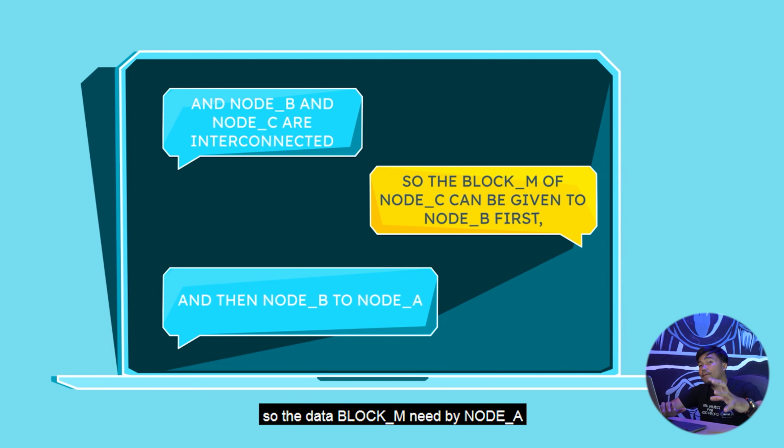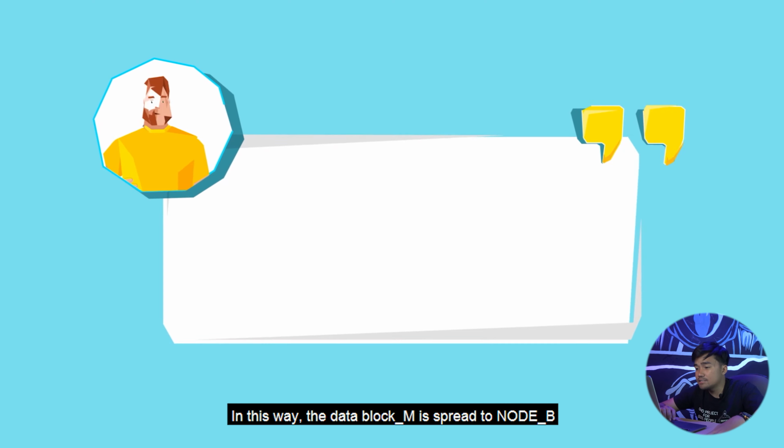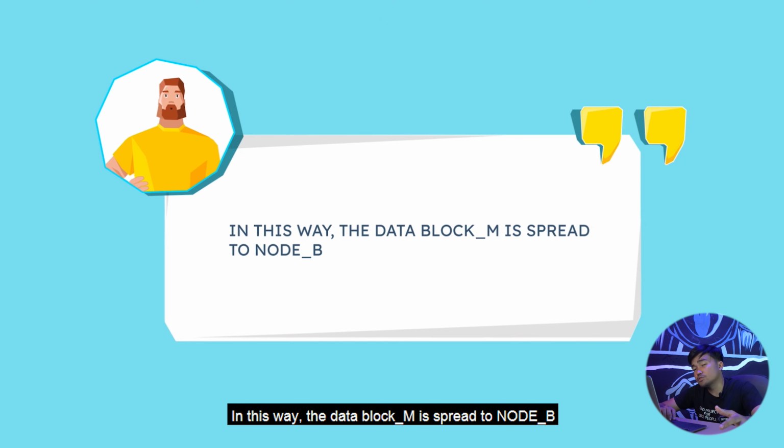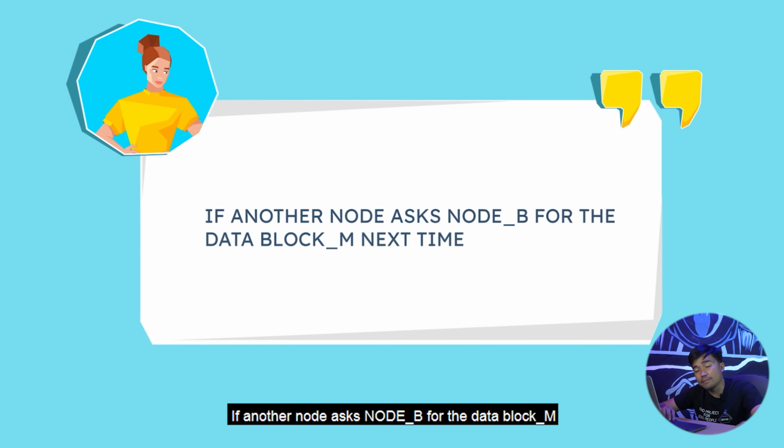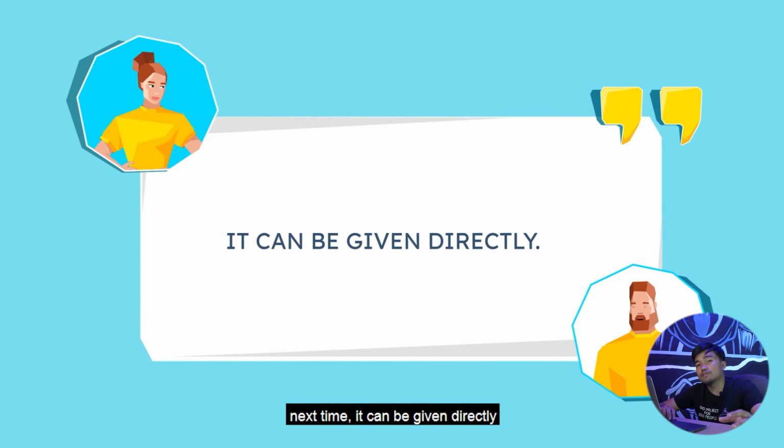So data block M, which is needed by node A, cannot be sent directly from node C to node A. Node C needs to send it first to node B, and then node B sends it to node A. That's how the diffusion effect of distribution works. And this is how data from block M is spread to node B. If another node asks node B for data block M next time, it can be given directly.